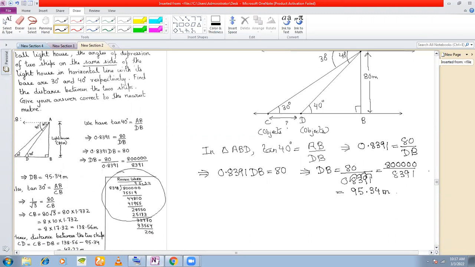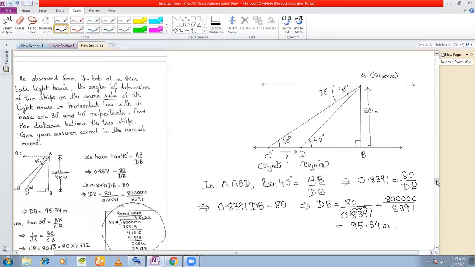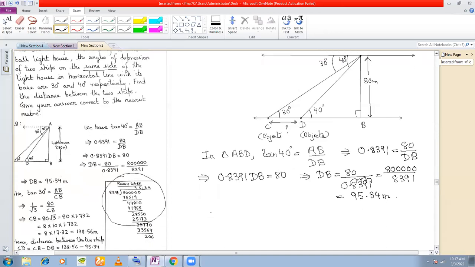Next, we consider the right angle triangle ABC, right? In triangle ABC, the angle here is 30 degrees, so we use tan 30 is equal to AB by BC, right? And tan 30 is the standard angle.